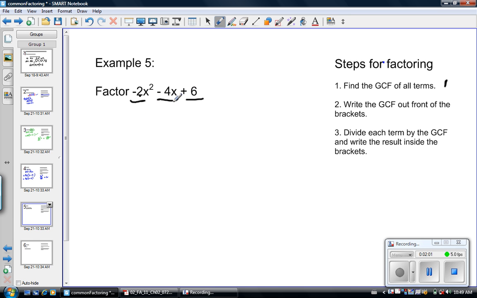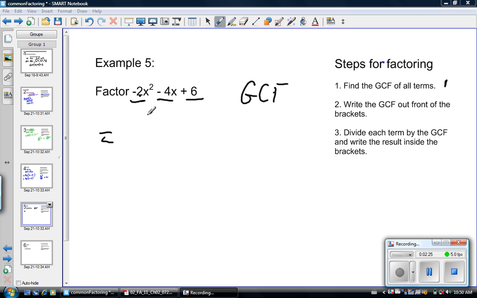Now if we look at the x terms, there's an x squared and there's an x term here, but there's no x term here. So we're not going to consider x a common factor of these 3 terms because it doesn't exist here. So the actual greatest common factor is just 2.